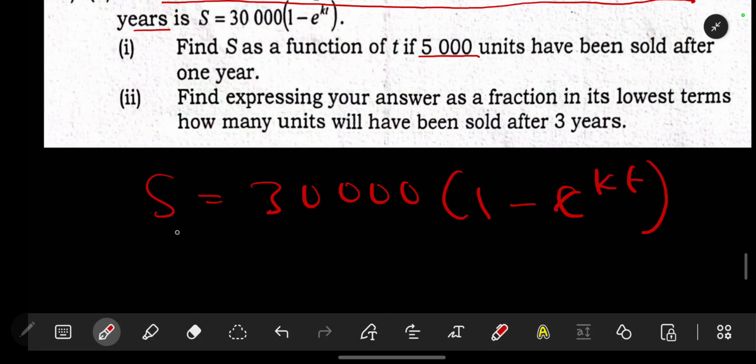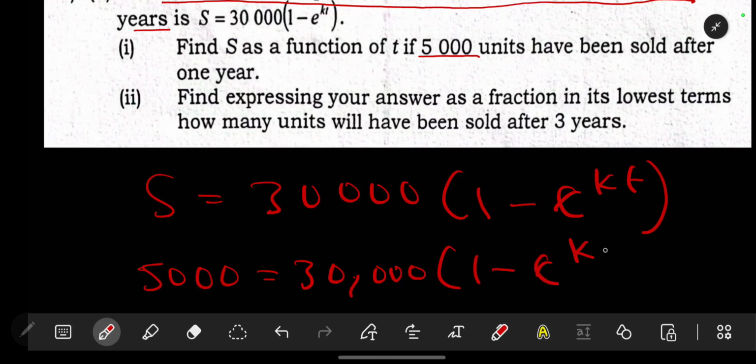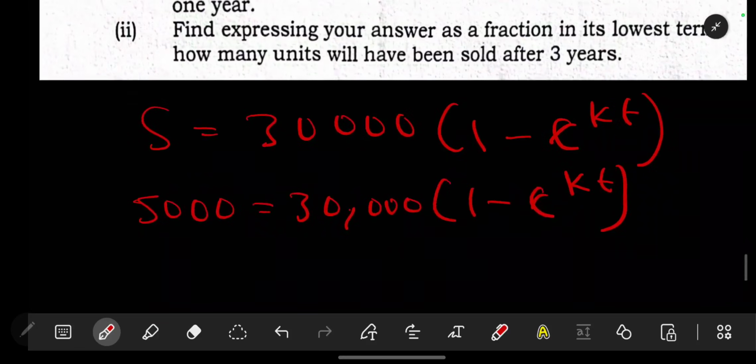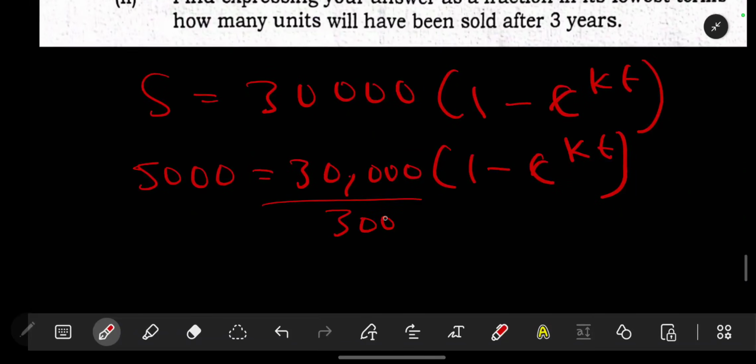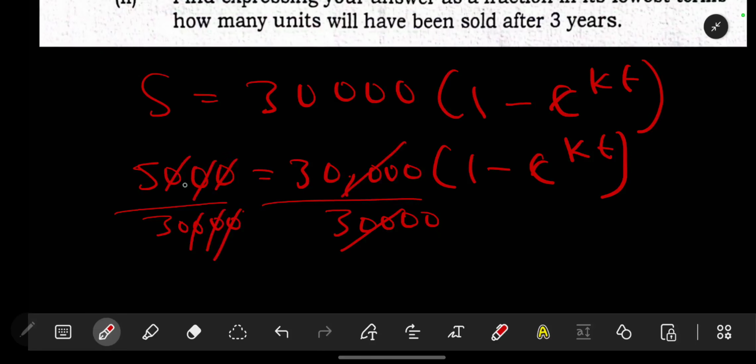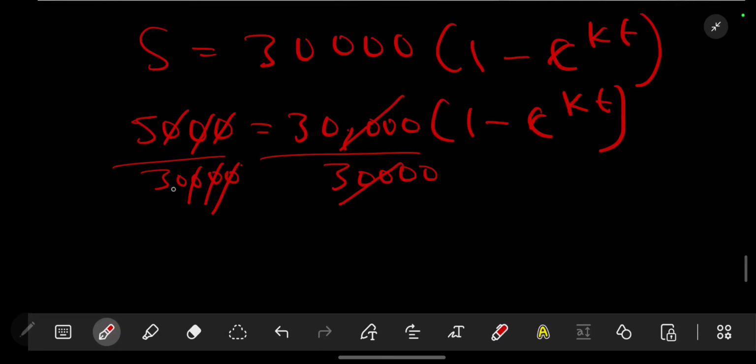So we take S, which is 5,000, and it should be equal to 30,000 times 1 minus e to the power kt. We divide by 30,000, so the zeros go, then 5 over 30 is 1 over 6.